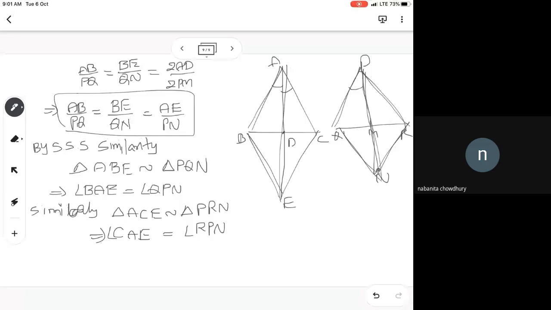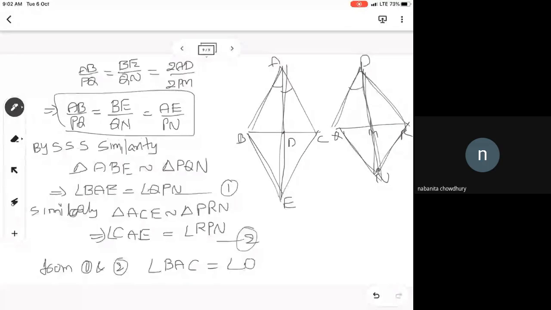Then from these two, from 1 and 2, you can say that angle BAC is equal to angle QPR. How? If you add BAE and CAE, what do you get? You will get BAC.